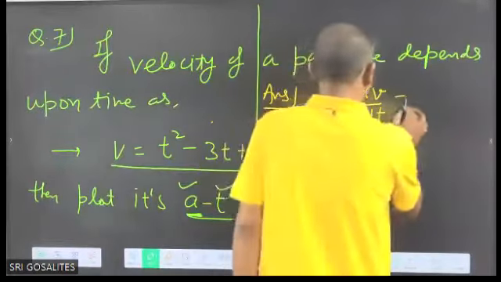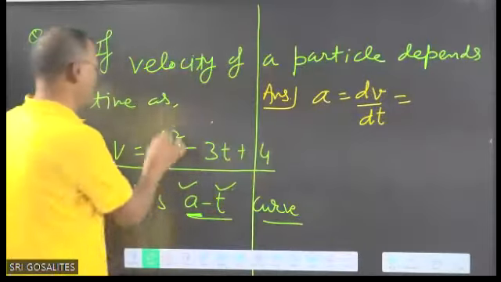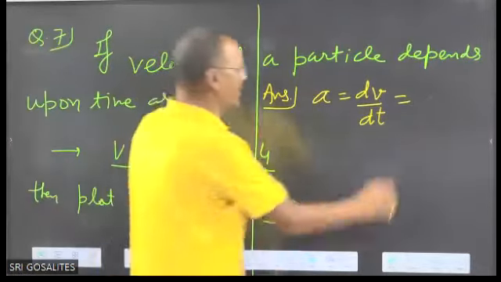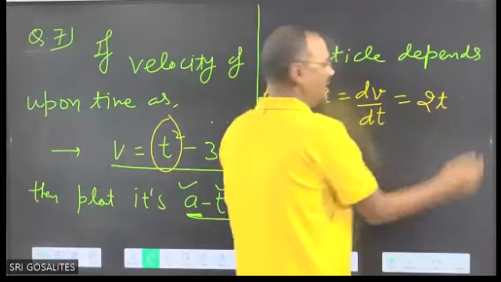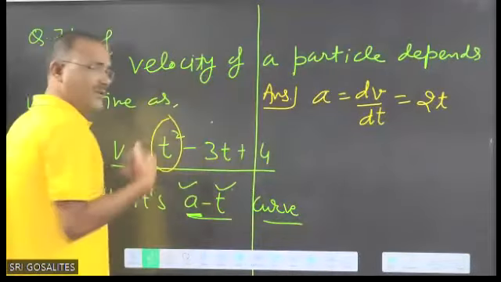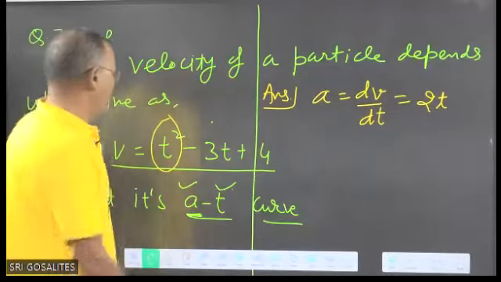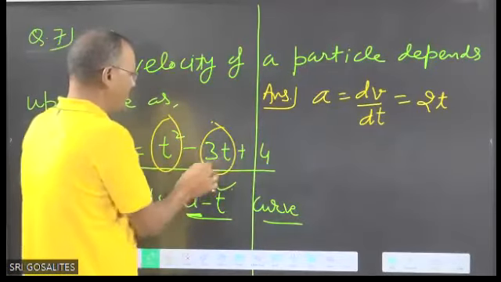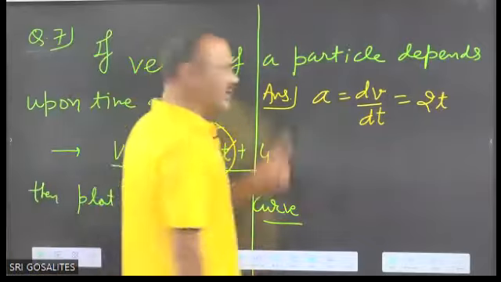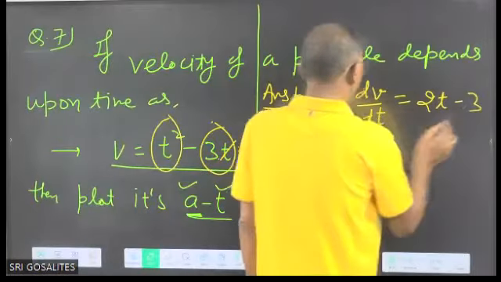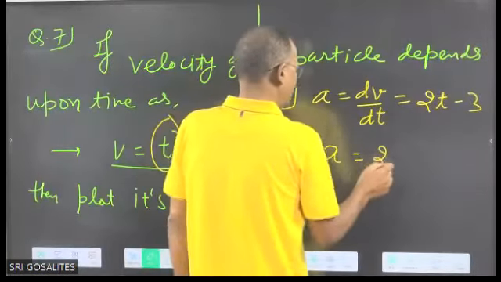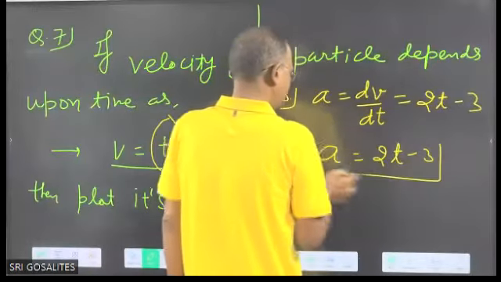It means what? You will differentiate. So t square differentiation with the t is 2t. I'm going with direct now, okay? And feeling you have learned the differentiation as you told me. Minus 3t. So 3 is the coefficient, t with respect to t is 1. So I got this equation for the acceleration.